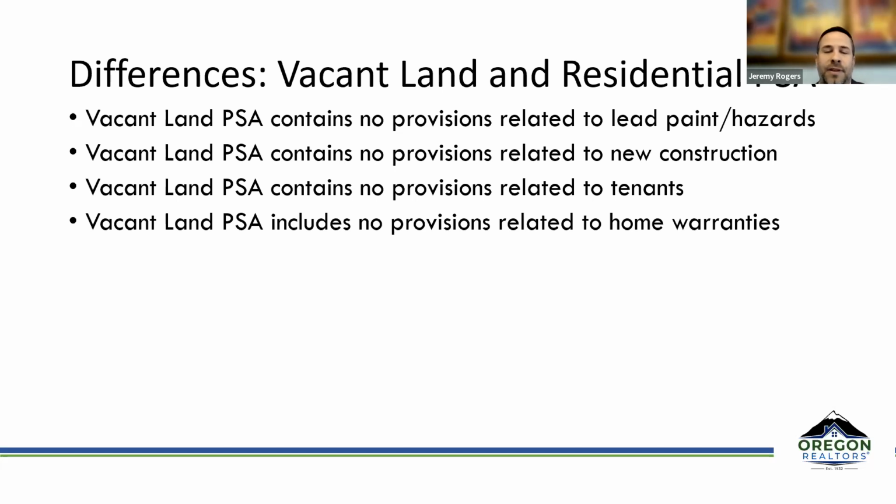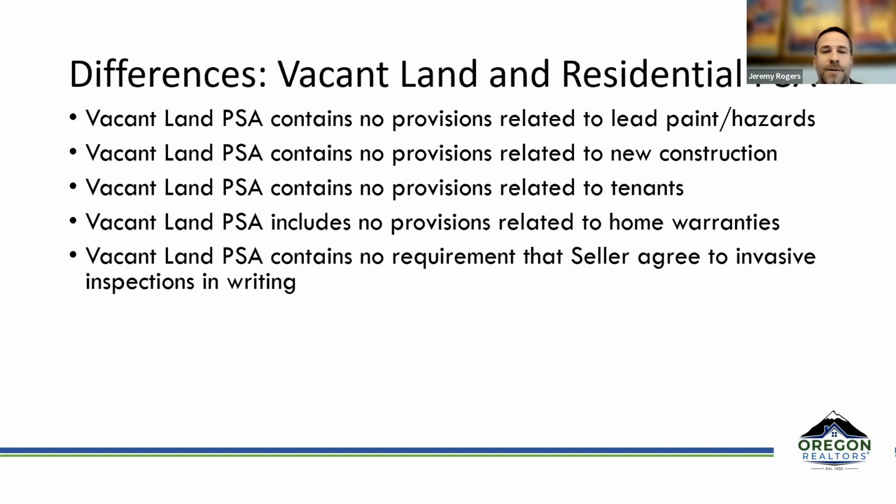Because there's no home that a warranty can be purchased for. There is one thing you should know, it's kind of down in the weeds: our vacant land sale agreement does not contain a requirement that the seller agree in writing to invasive inspections.